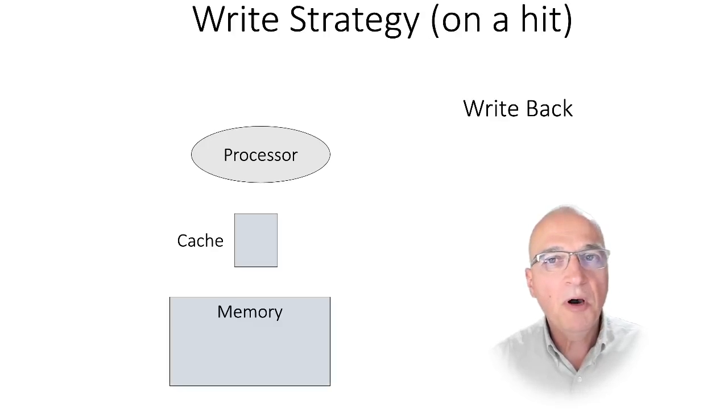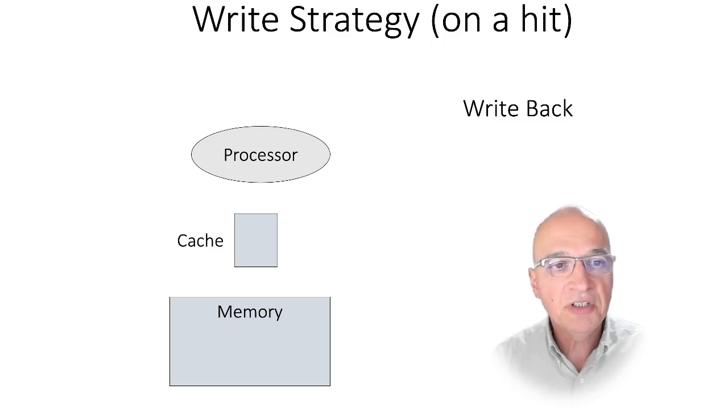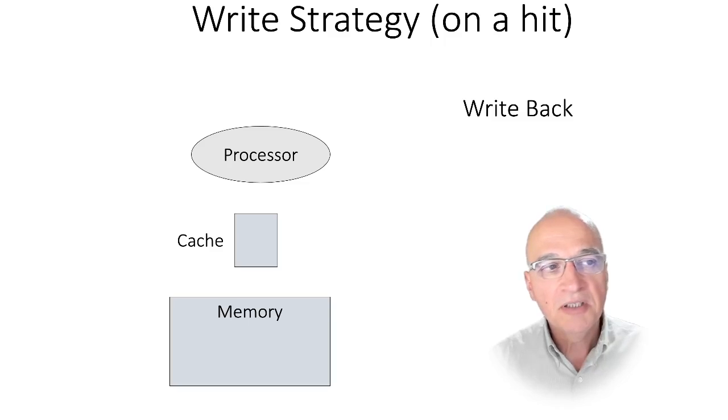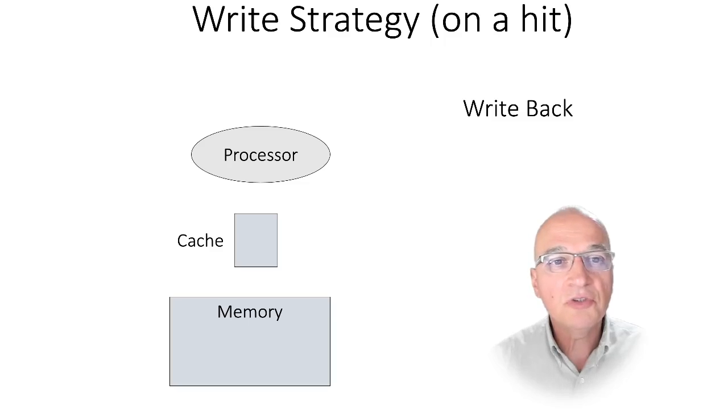The first policy that we will study is called the write back policy, and we're going to look at what happens in this policy when the processor is trying to do a write, which means a store, and the location that the processor is trying to store to is in the cache.